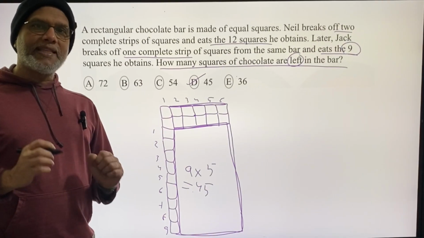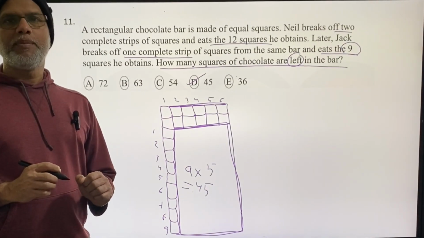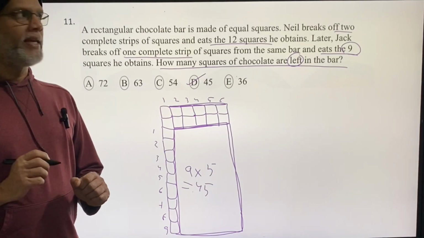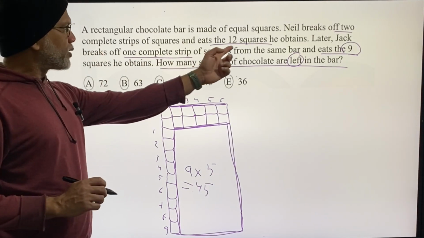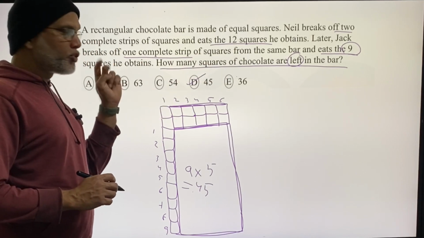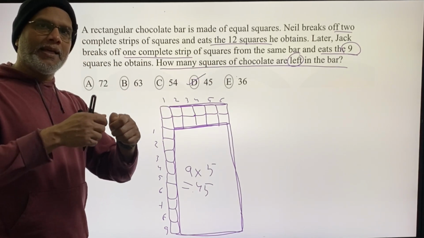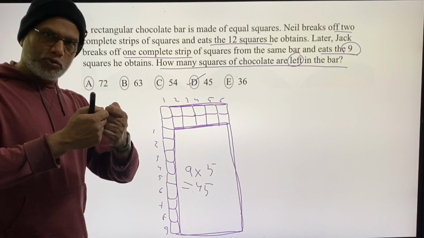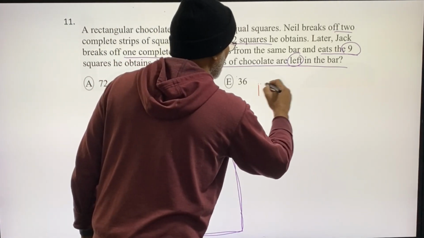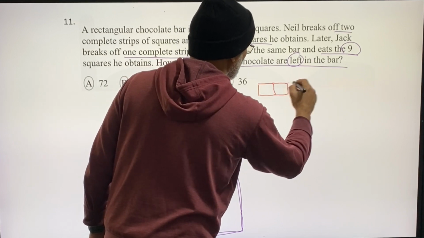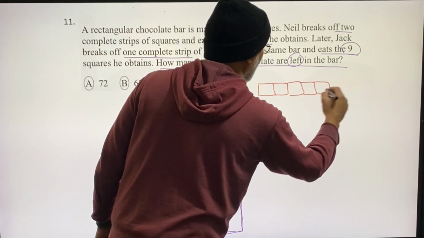All right. I was thinking a little bit more about this problem, and one question you may have is, Neil needs 12 squares from 2 strips, but it doesn't say he has to break the 2 strips at once, right? He can break one strip like this, 1, 2, 3, 4, 5, 6.